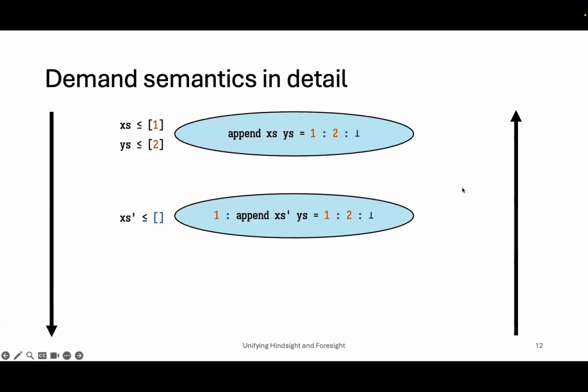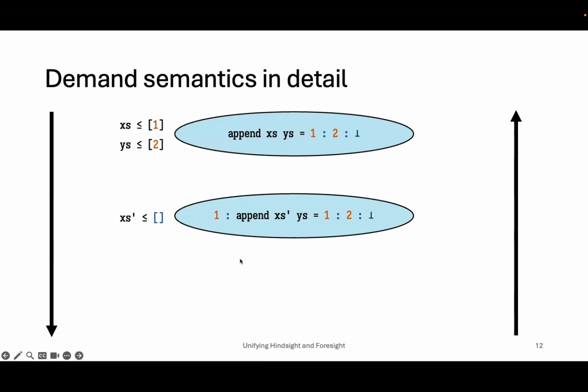So how does this work? Well, we're going to start by evaluating this append call one step. Now, how could you do that? I've said xs and ys are variables here. We're going to do that by just assuming that xs and ys are in fact these values that I've said they're related to. So I'm going to say, pretend xs is just a singleton list 1, ys is just a singleton list 2, reduce this append call once.